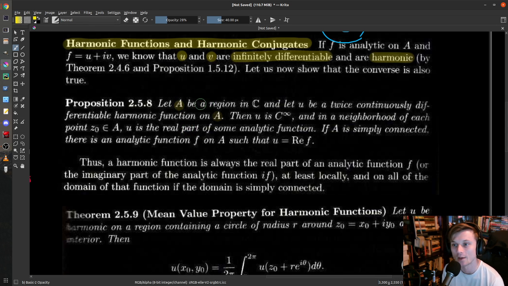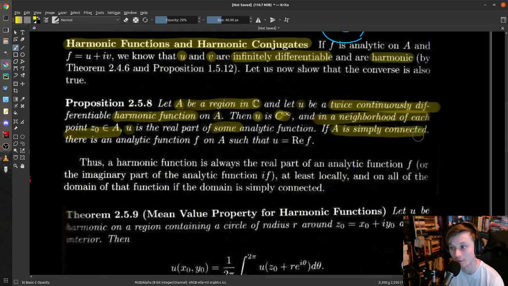So if we have a region A in C and u a twice continuously differentiable harmonic function on A, then u is C infinity. Okay, we already know that now. Great. And in a neighborhood of each point z in A, u is the real part of some analytic function. If A is simply connected, there's an analytic function f on A such that u is the real part of f.